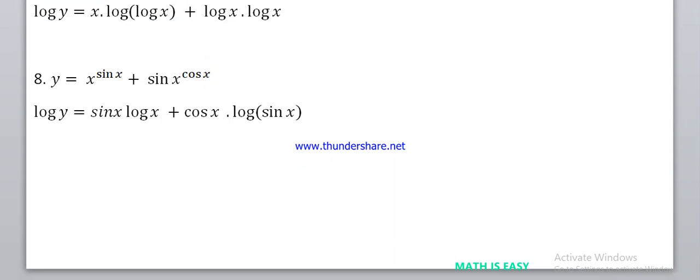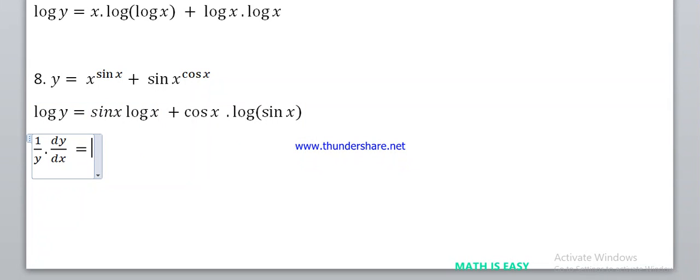Now when I differentiate with respect to x on both the sides, let's see what you get. Log y we already have many times, 1 by y into dy upon dx equals to. For the first term, I am going to apply the uv formula. Here u is sin x and v is log x.